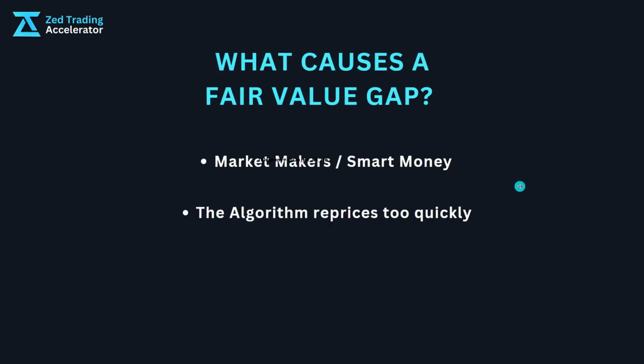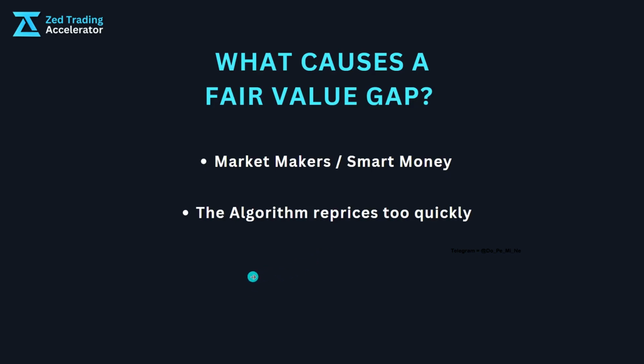Alright, so what causes a fair value gap? It's caused by the market makers or smart money. Where do you think fair value gaps mostly form? Like I told you, we have accumulation, manipulation, and distribution. In those phases, where do you think fair value gaps mostly form?